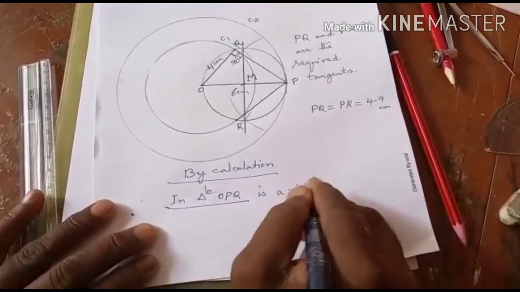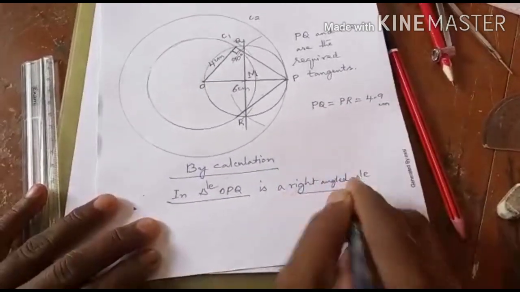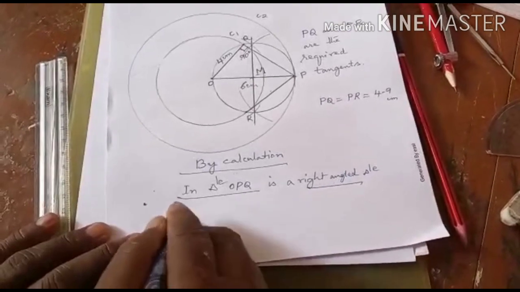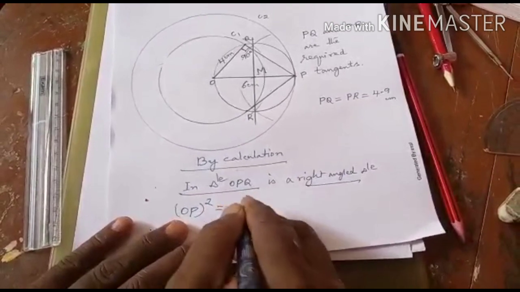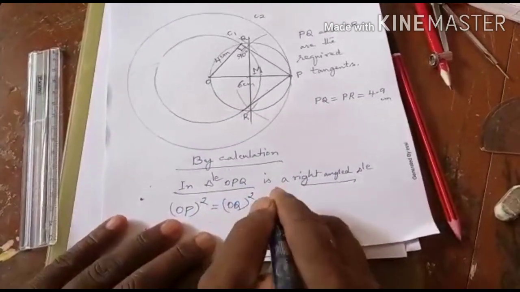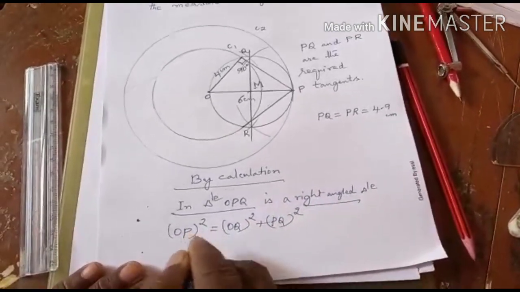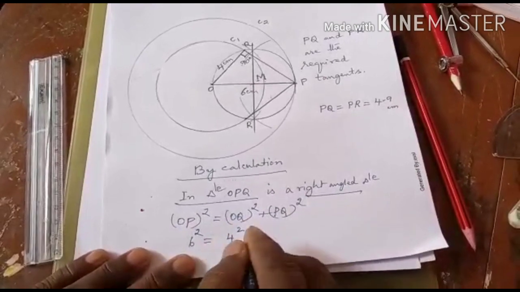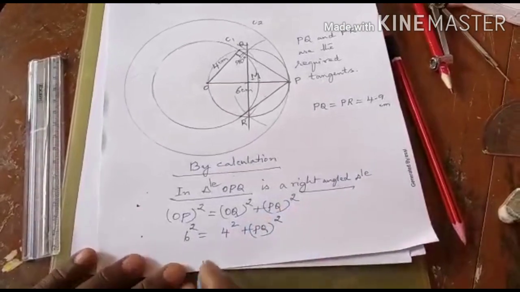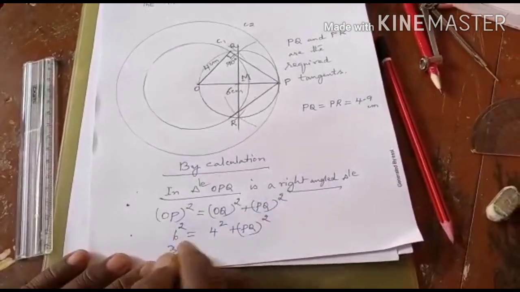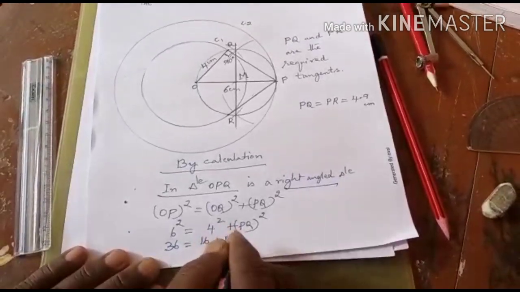Hence, by applying Pythagoras theorem to this right triangle PQO, OP square is equal to OQ square plus PQ square. We know OP is 6 centimeters, so 6 square is equal to 4 square plus PQ square. 6 square is 36, which is equal to 16 plus PQ square.